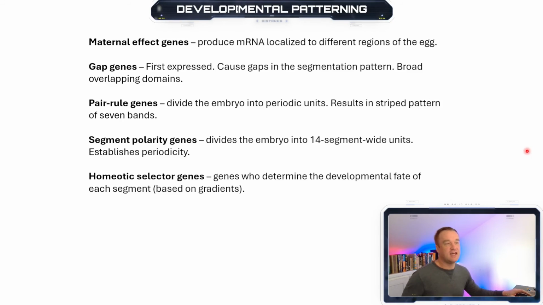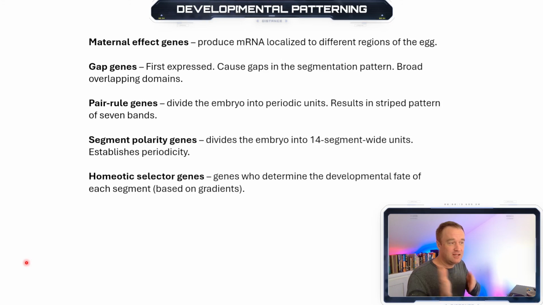And then lastly, I have a cheat sheet for what these genes are, what they do. So maternal effect genes are these mRNA that localize to different regions of the egg. The gap genes are the first ones expressed, and they cause those big bands. Parallel genes then are next expressed, and they divide the embryo into periodic units, so like smaller stripes of 7 bands.